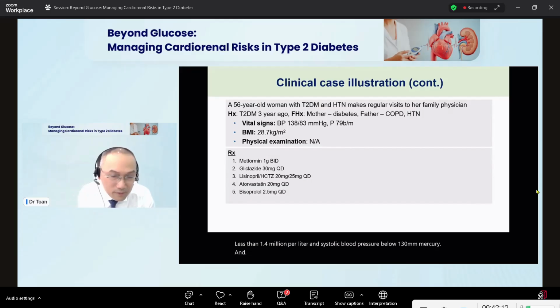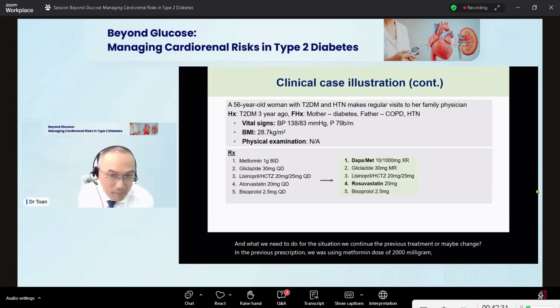And what we need to do for this situation: we continue the previous treatment or maybe change. In the previous prescription, we were using metformin at a dose of 2000 milligrams. So in this case, we see the patient has albuminuria, and so we have to change a little bit.